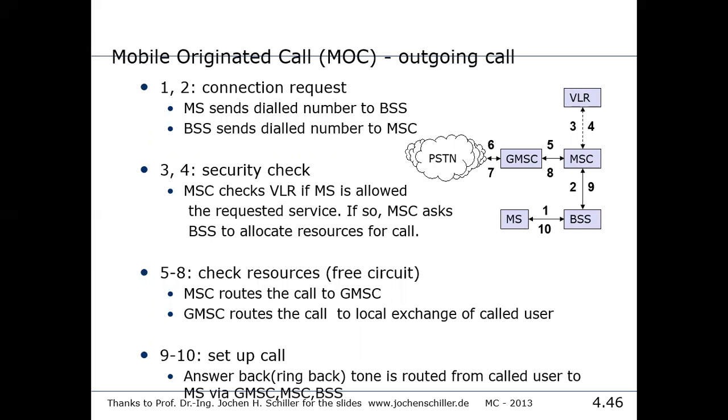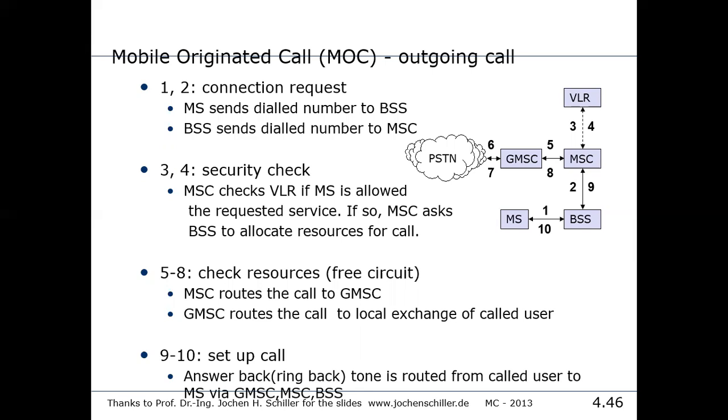1 and 2 are the connection request. One is between MS and BSS, 2 is between BSS and MSC. MS sends a dial number to BSS, and BSS sends this dial number to MSC. 3 and 4 talk about the security check. The MSC checks with the VLR if the MS is allowed to take the requested service.